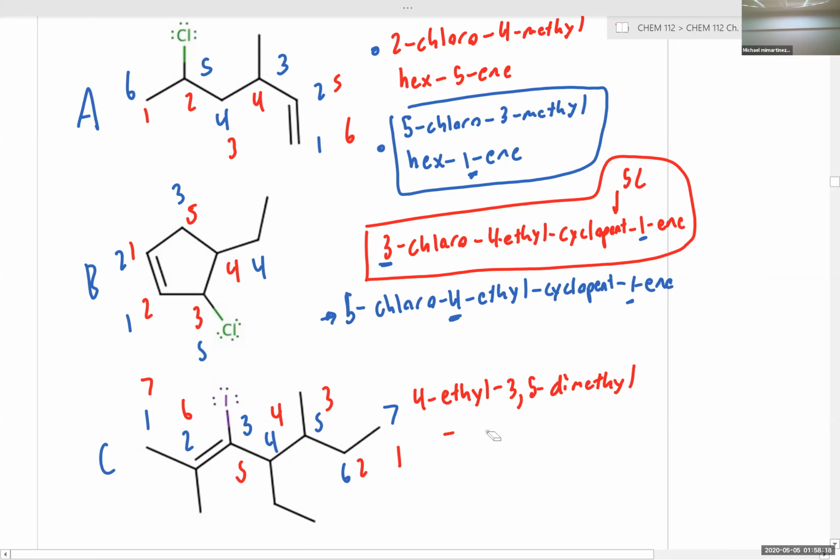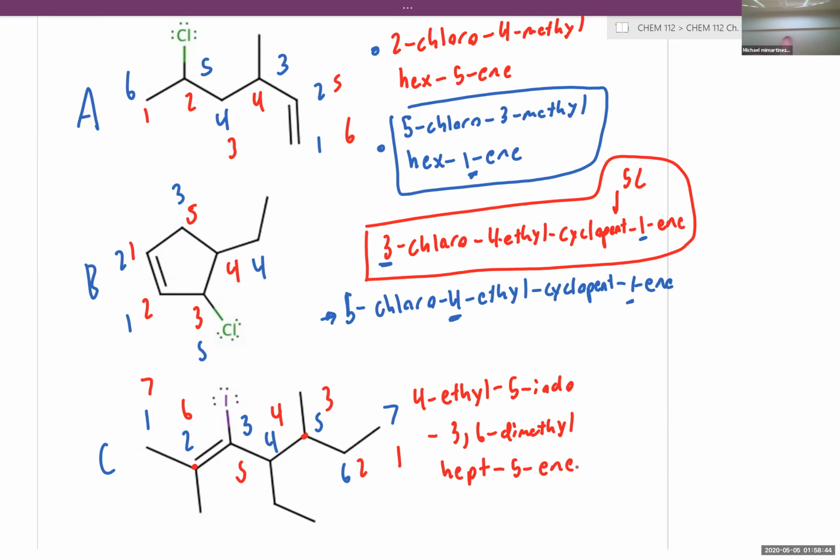Oh, sorry, whoops, the iodo should be before methyl. That's quite a mouthful.